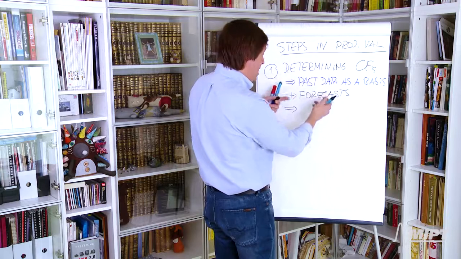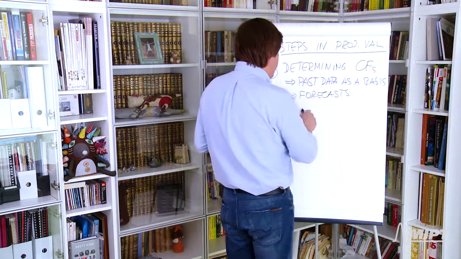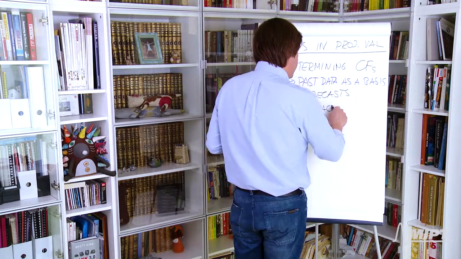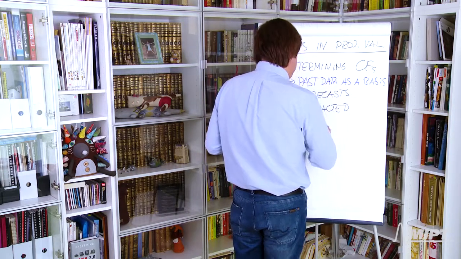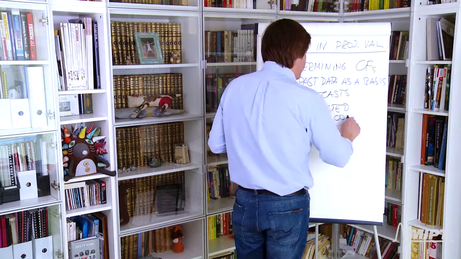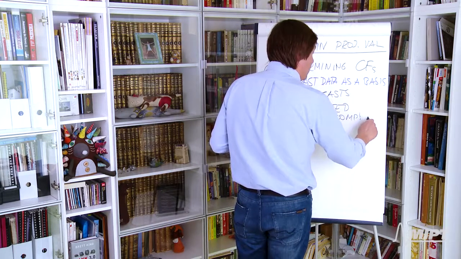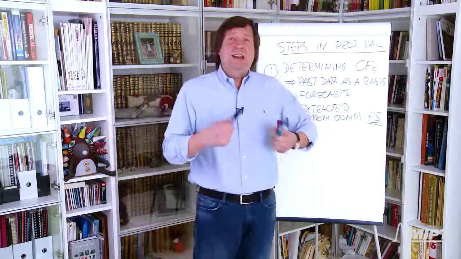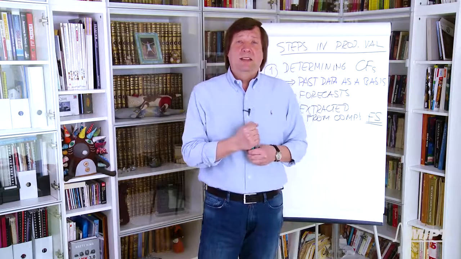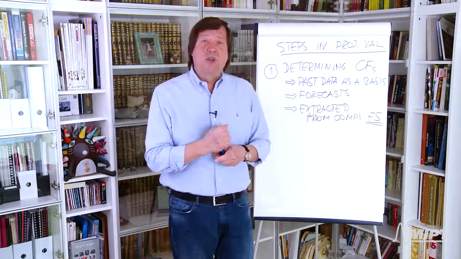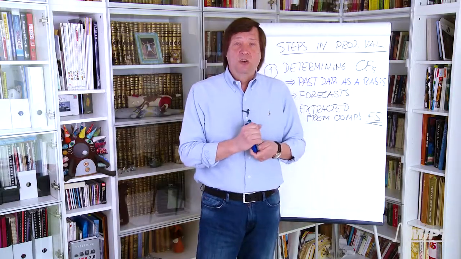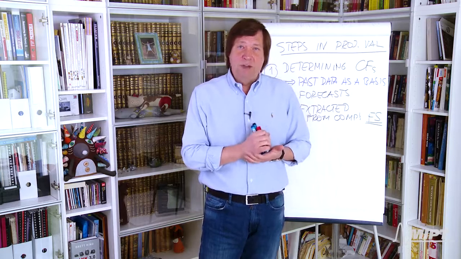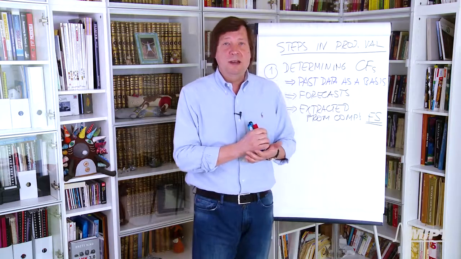Now, the next thing is that both past data and forecasts have to be based on something that is extracted from the company financial statements. Well, we study exactly what people extract in greater detail in our next course that is devoted to issues in accounting that are pertinent to project valuation, both in financial accounting and in cost accounting.